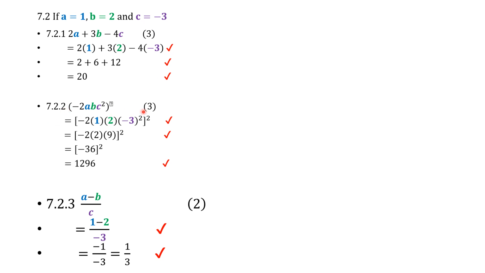7.2.2 for another 3 marks. They gave us -2abc squared. So again, A must be 1. B is 2, so in the place of B, I place 2. C is -3, so in the place of C, I place -3. I assume you know ABC squared written like that means A times B times C squared.